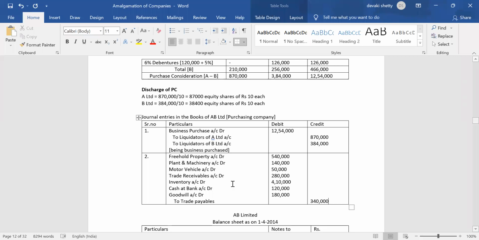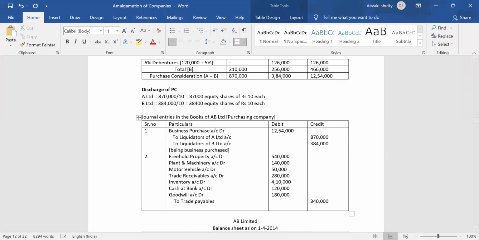To 6% debentures. Trade payable on the liability side, that is trade payable and 6% debentures. How much is 6% debenture? It is 1,26,000.